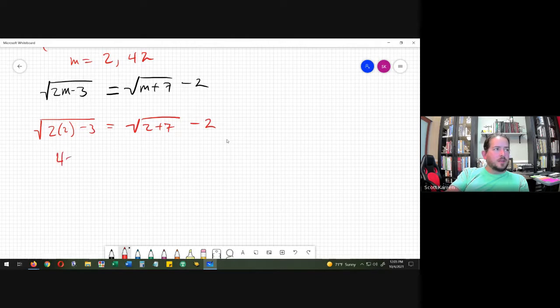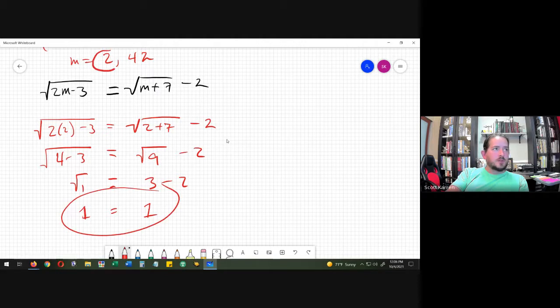This is 4 minus 3 under a square root, which is just the square root of 1, which is just 1. Over here, this is the square root of 9 minus 2, which is 3 minus 2, and that's 1.